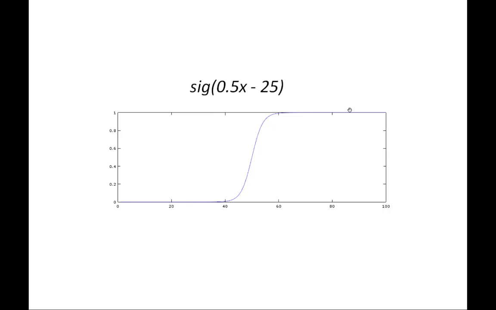So this is with these parameters, sigma of 1/2 x minus 25. So you have somewhere like this sweet spot where you have the transition from -1 to 1. And by adapting these parameters, you can make this transition more steep or less steep, and you can move it around in space.